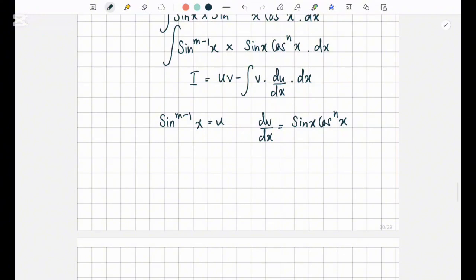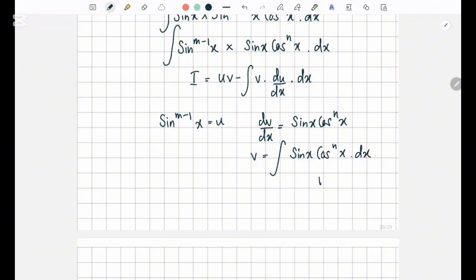Using the formula, first of all let's integrate this to find v. So v equals the integration of sine x into cos x to the power n.